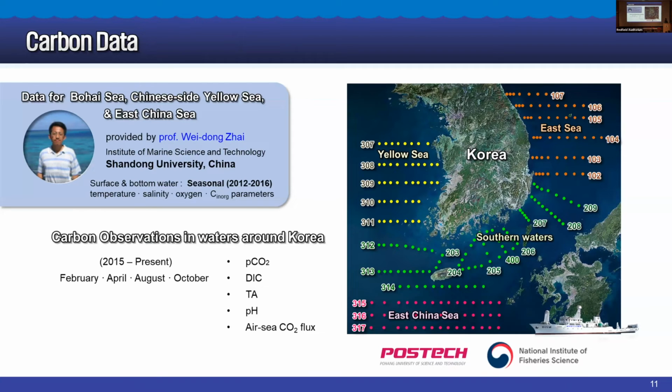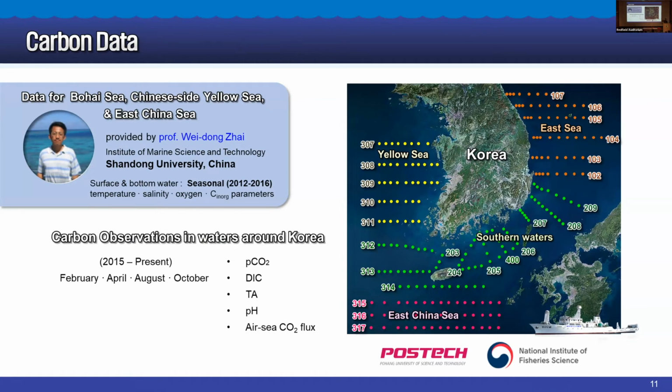We primarily used the data that we have collected from waters around the Korean Peninsula since 2015. This is a still ongoing project, four times per year from February up to about October, so it pretty much covers the entire season.